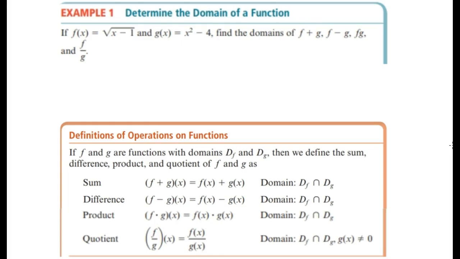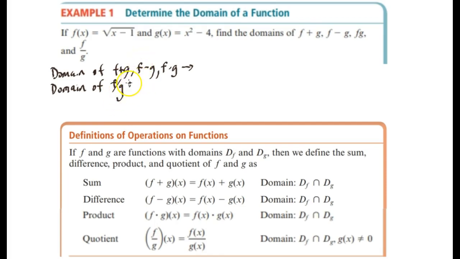So when we determine the domain of f plus g, f minus g, and f times g, it's all going to be the same thing. And then we'll also determine the domain of f divided by g.